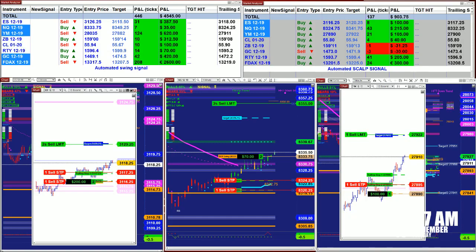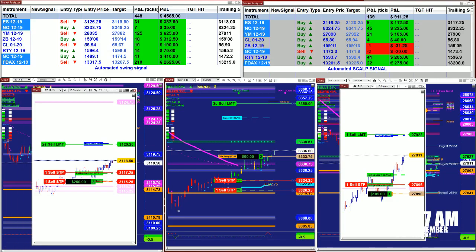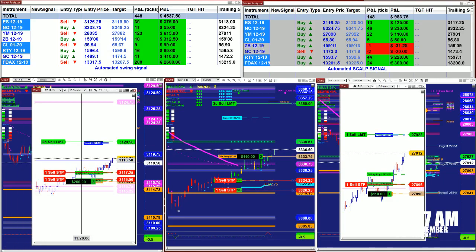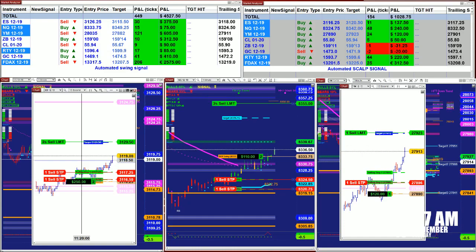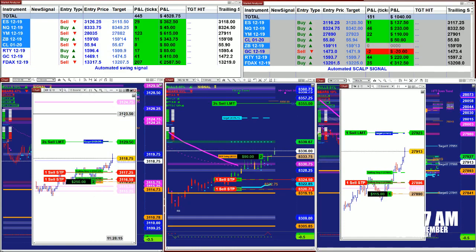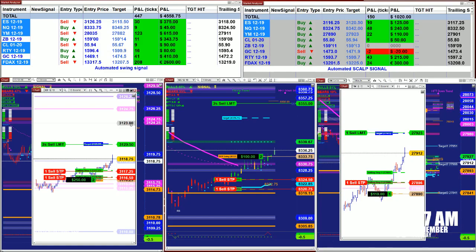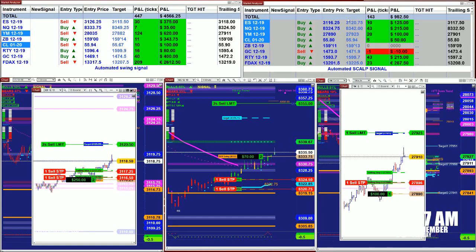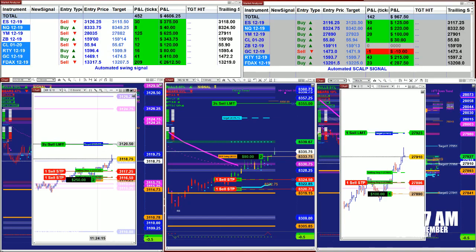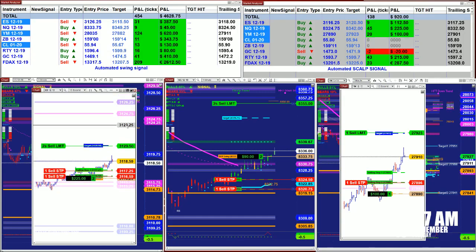So I'm gonna leave it as is. As you see, the ES is trying to break that line, and then exit target. If we look at the market analyzer, 31.20.50, and this one 31.20.50. So it's exactly like the market analyzer.